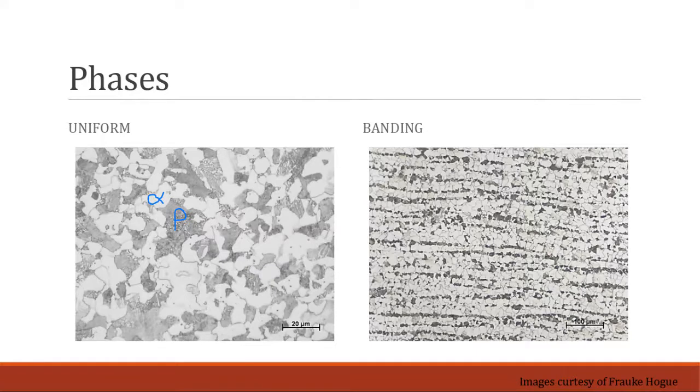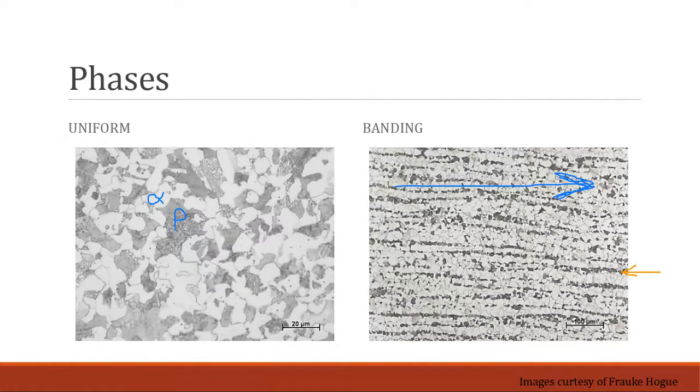Whereas when you look at the image on the right side, you can see a linearity going in this direction here. You see areas that are carbon rich, or rich in pearlite, which I will use orange to distinguish. So here's your pearlite phase.